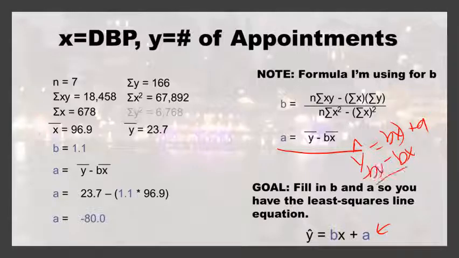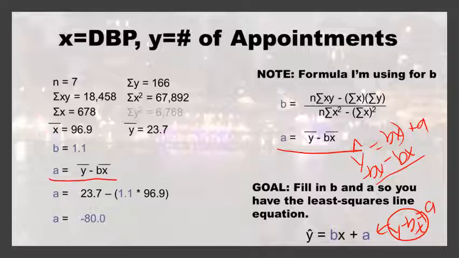This is basic algebra. You guys know how to do this. And then you'll get a equals y minus bx, right? So that is how we get that. That's how we solve for a, y minus bx, which is right here.